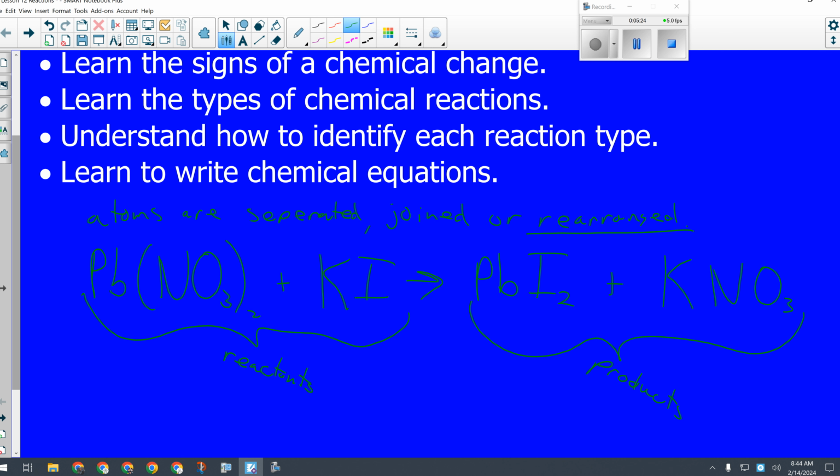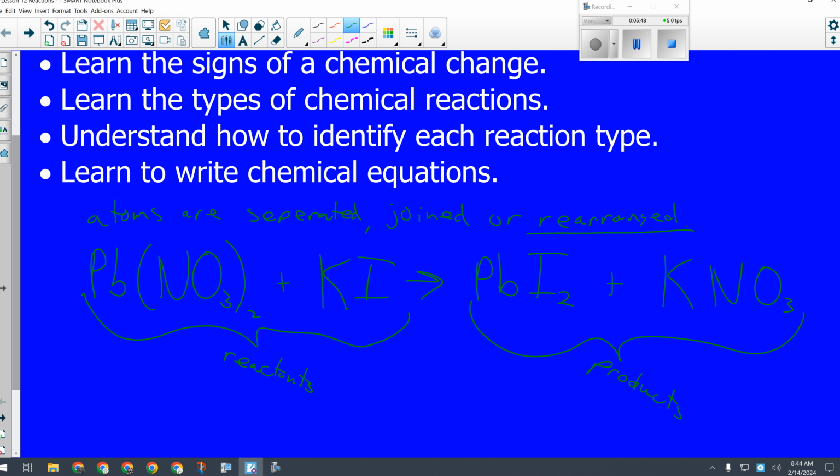Now, something else we have to be mindful of in a reaction is that we can't produce new elements, we already know that, but we also can't have more or less than what we started with.